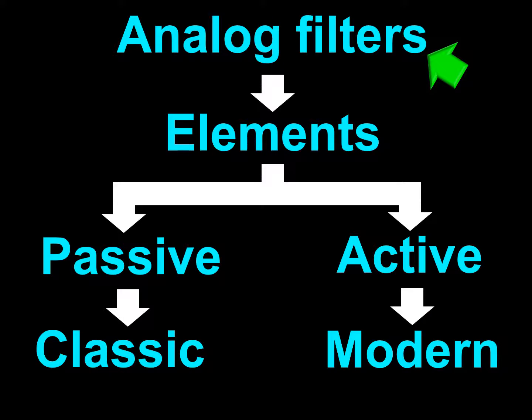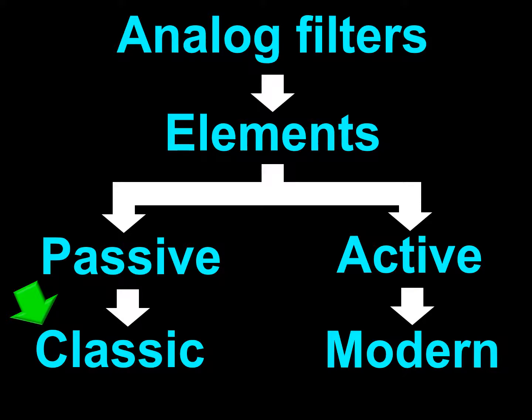Analog filters are made of electrical elements. These elements are passive, implying that they do not require any external power. That is, the transit of the amplified brain electricity is enough to drive the device.